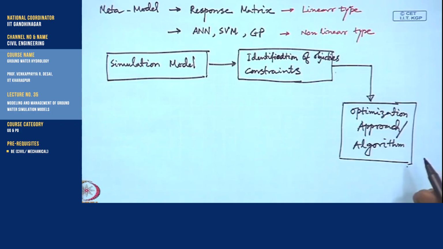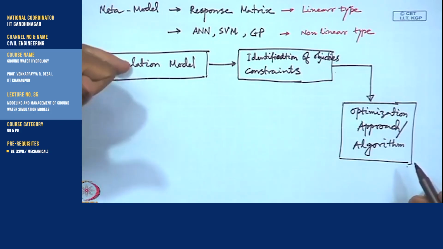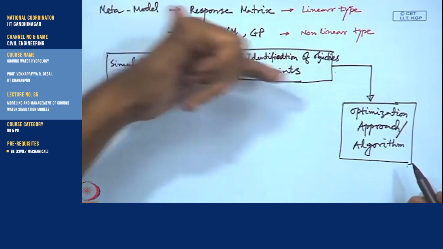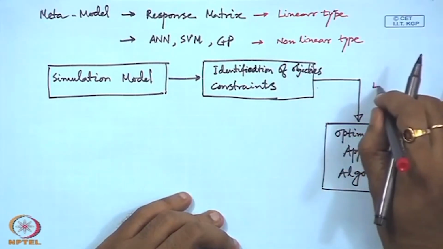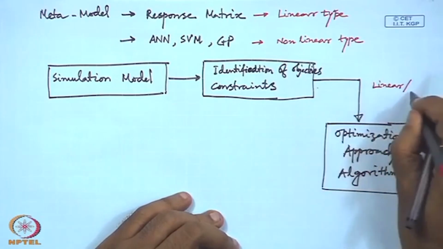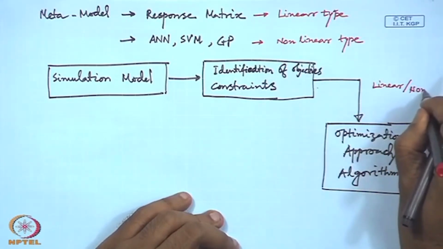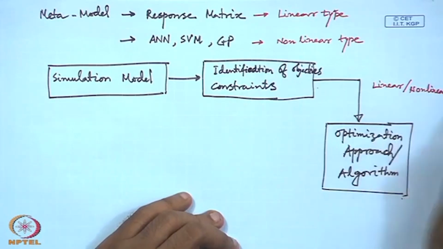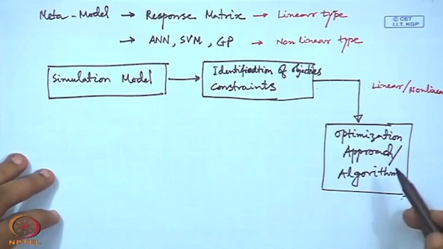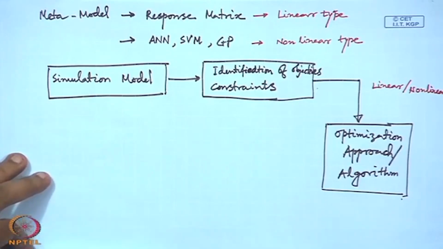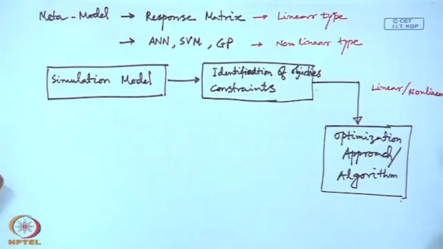So, this is the process: first identification of the simulation model, then identification of objectives and constraints, then depending on the linear or non-linear behavior of the objectives or constraints, we can identify the optimization algorithm. So, let us start with the simulation model.